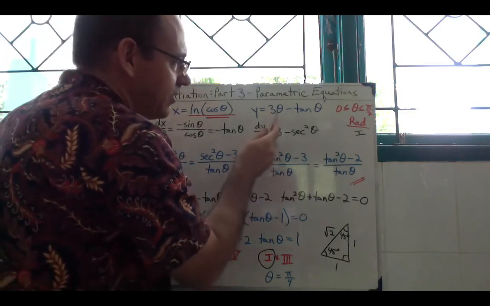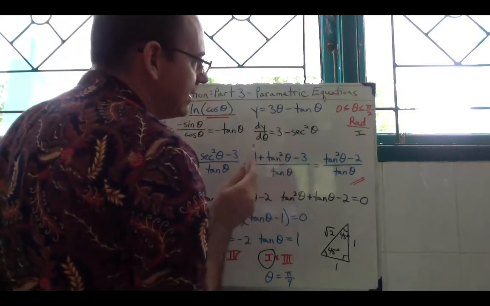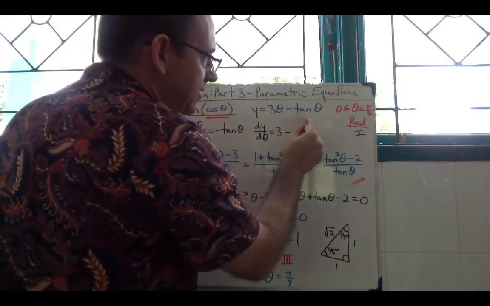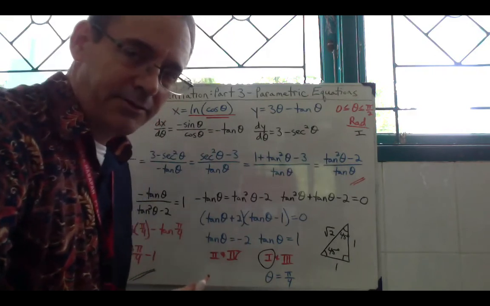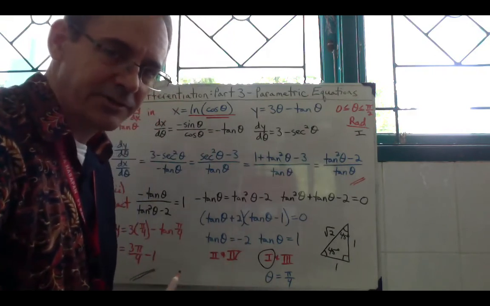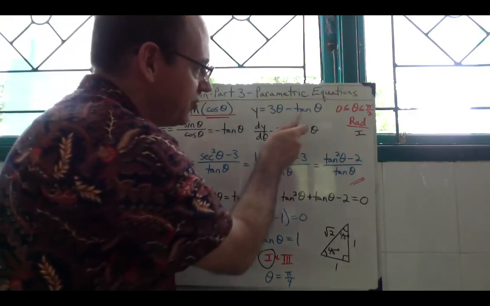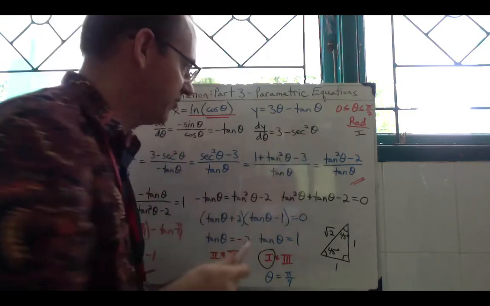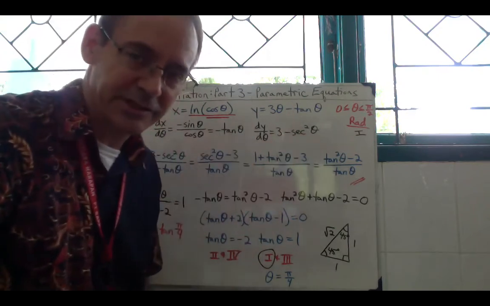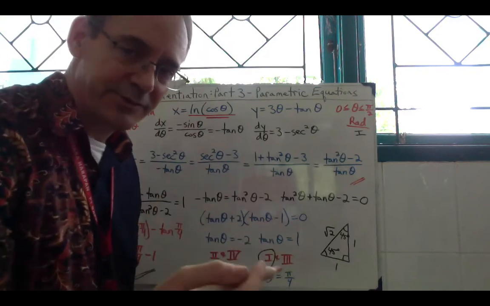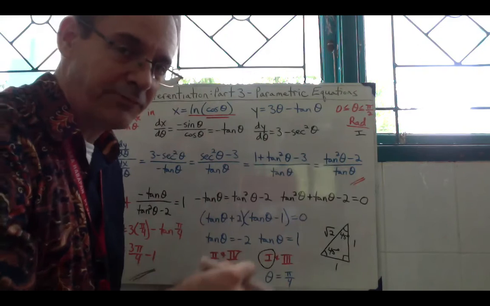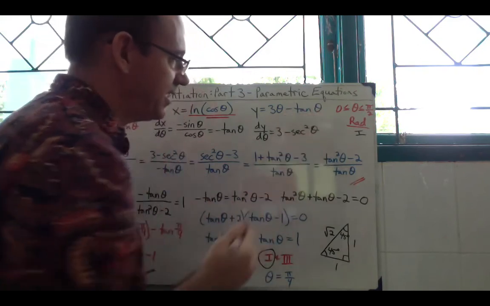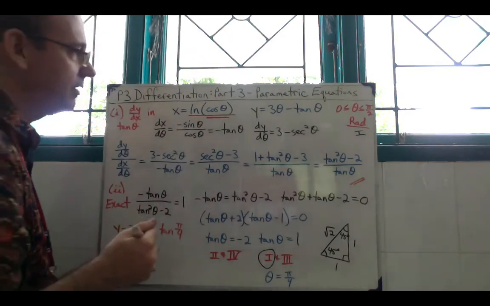And so we get 3 minus, and tan theta, if you remember from the derivatives in our trigonometric section, the derivative of tan theta is secant squared theta. It is in your formula sheet, so whenever you're doing derivatives or integrals, you should have that open in front of you for quick reference, but the derivative of tangent is secant squared theta.